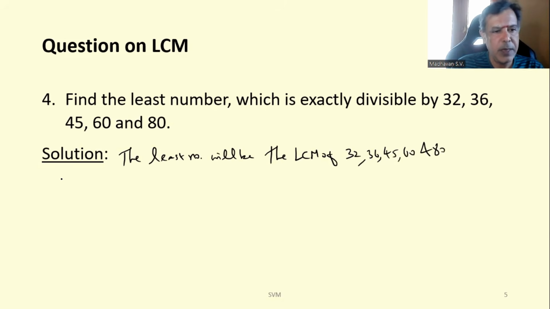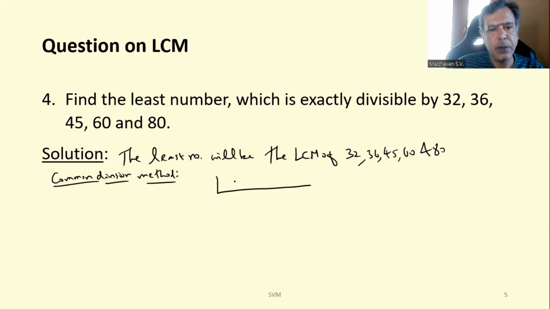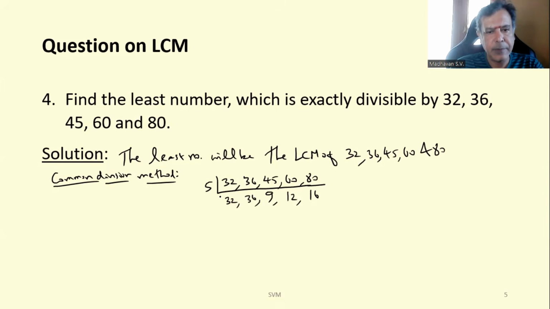So let us apply the common division method to find the LCM. We'll take all those numbers 32, 36, 45, 60, and 80. First, let us choose 5. 32, we have to write as it is because it is not divisible. This one will become 9, this will become 12, this will be 16.